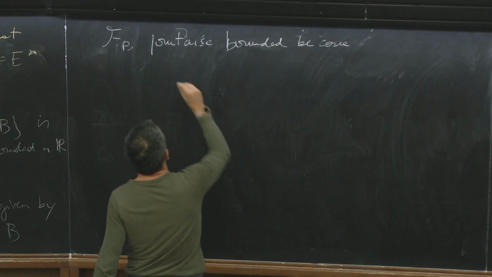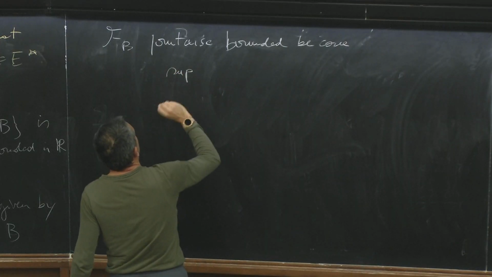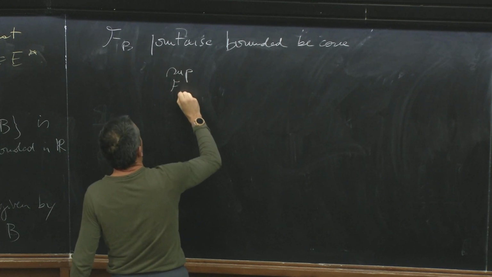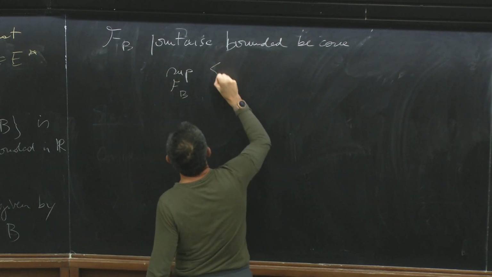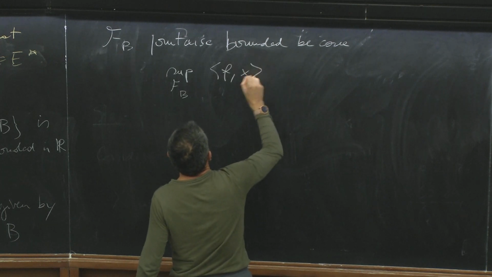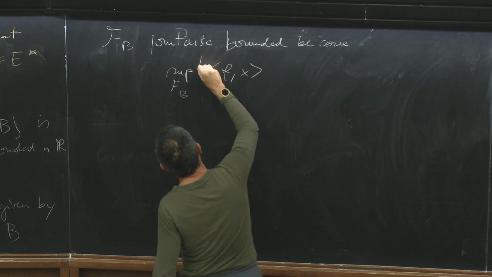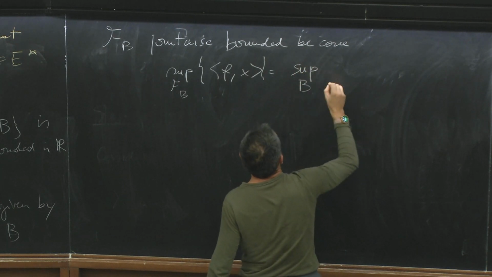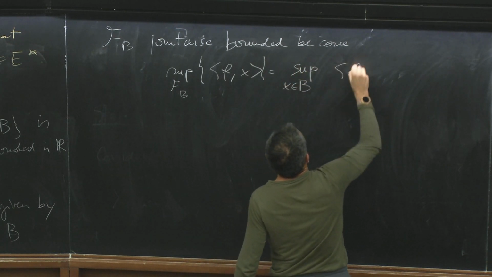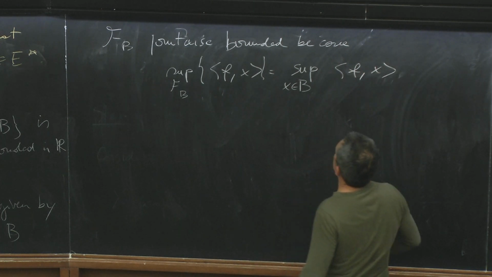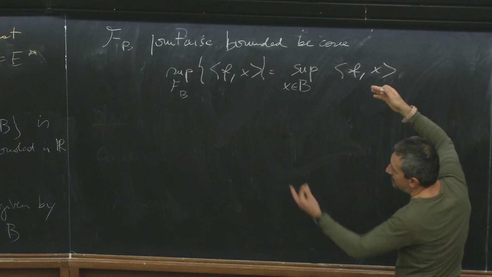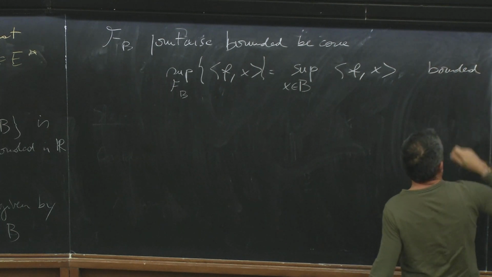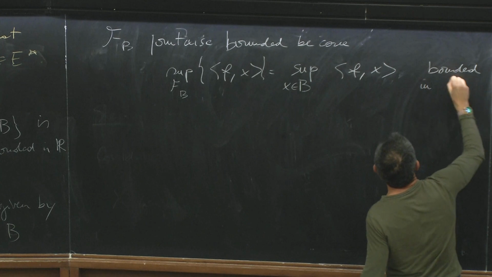So the supremum over my family of these operators, the notation is not very nice, is the supremum over B, which by definition is bounded in the arrival space, which is R.